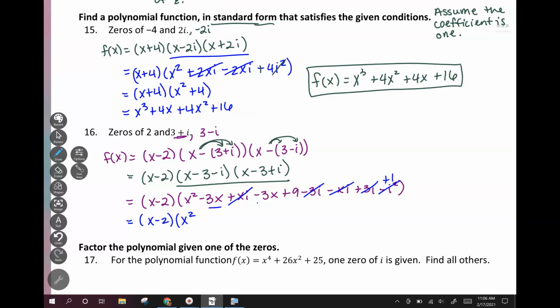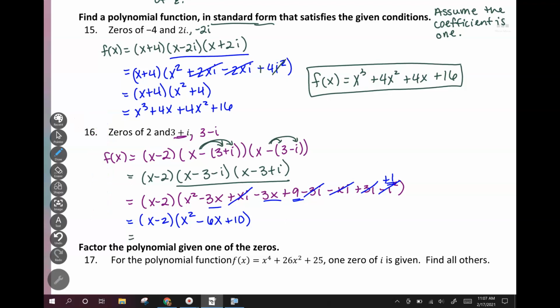Okay, so I'll combine my -3x and -3x, so -6x. And then 9 plus 1 gives me 10. See, when you multiply the ones that are conjugates together, all of those imaginary numbers disappear, and it actually simplifies very nicely.